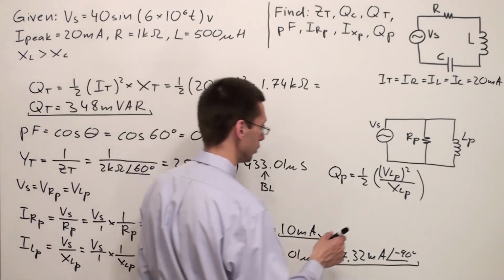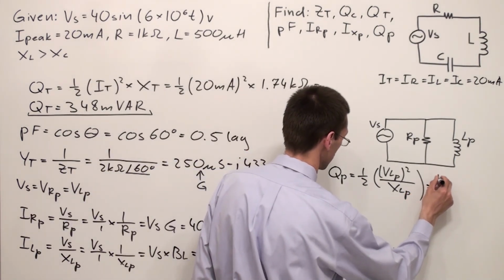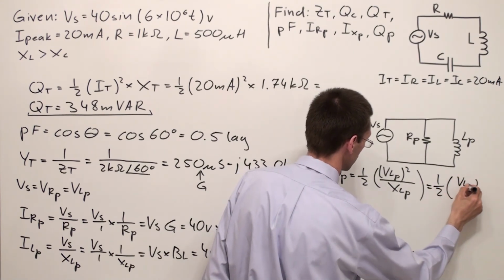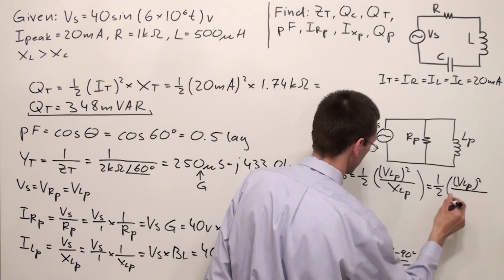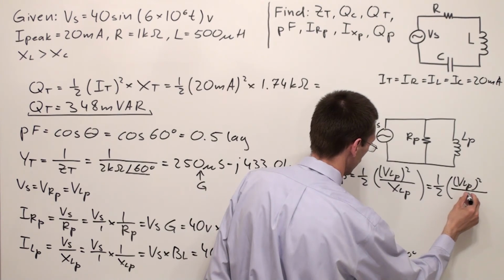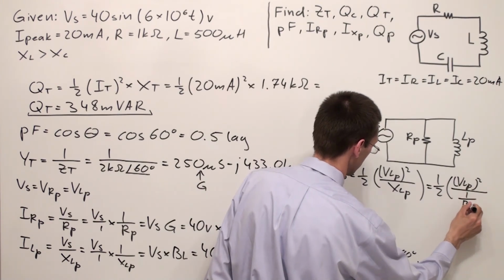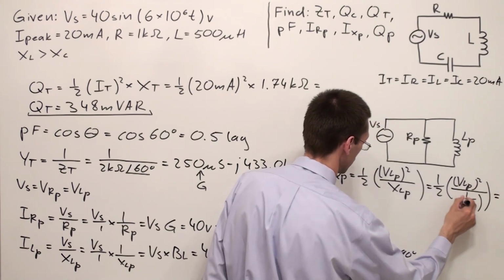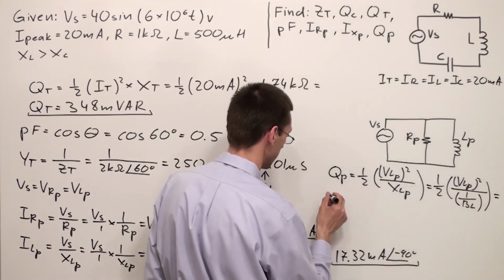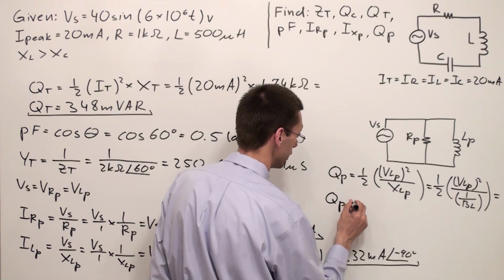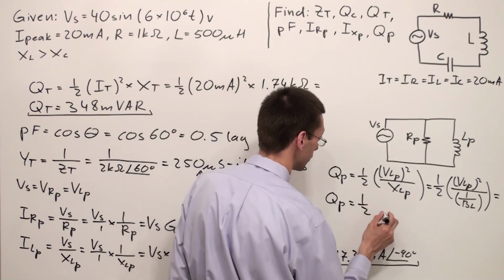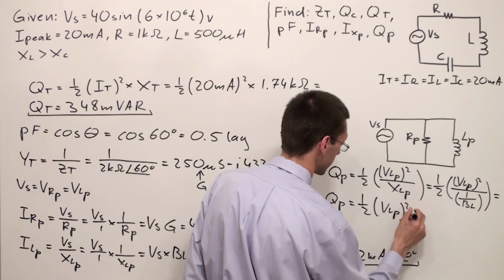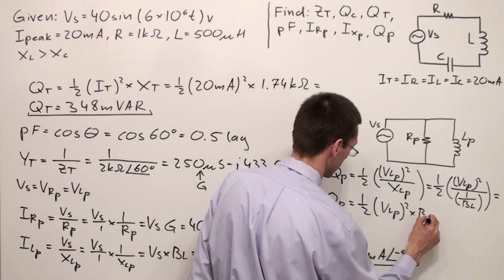So I'm going to write that this is equal to 1/2 VLP to the second power over 1 over BL. If you use algebra, you are going to realize that QP equals 1/2 VLP to the second power times BL.